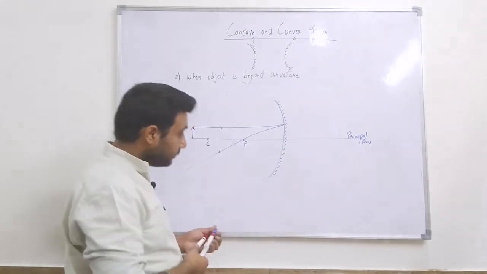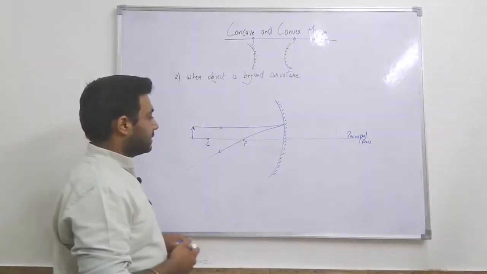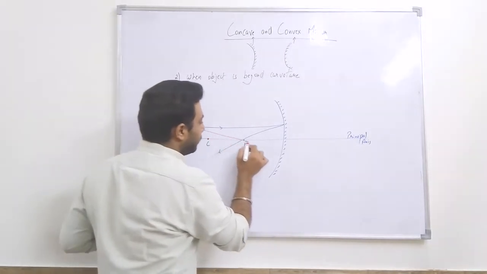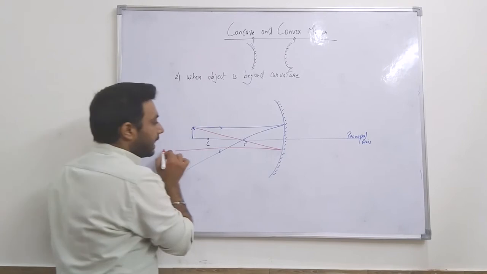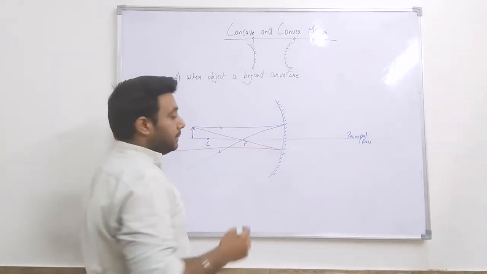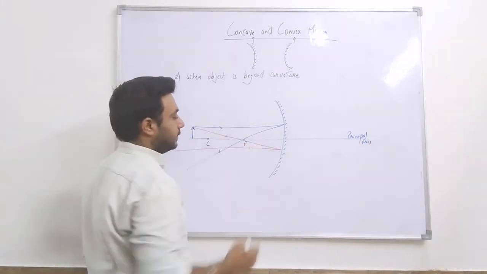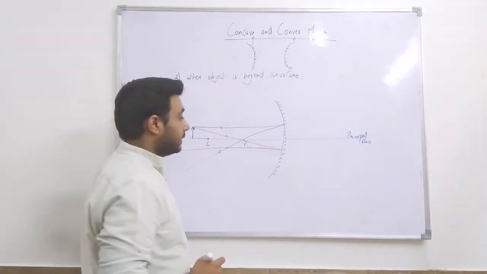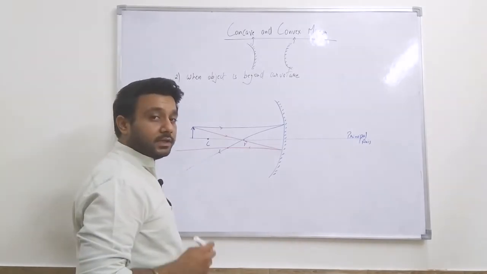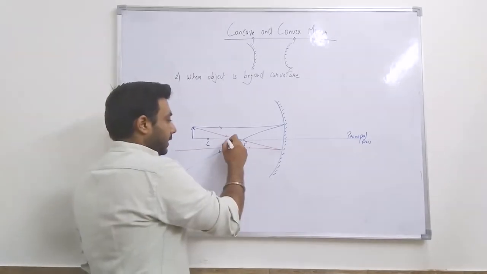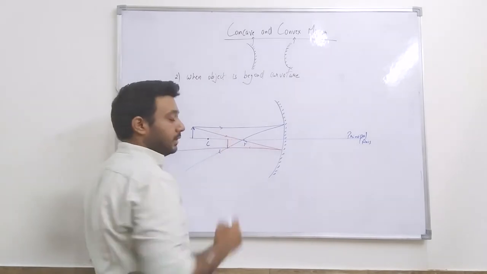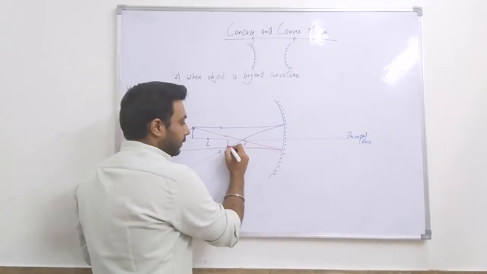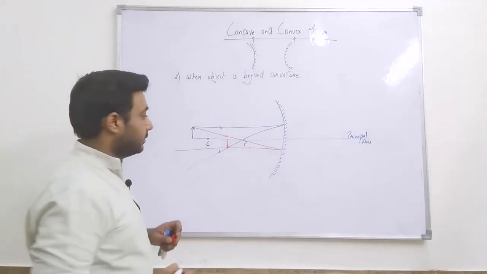Next, the line which passes through focus will become parallel to the principal axis. Now you got the intersection point. This is the intersection point between the reflected rays. Image is this, and the intersected point will show the head of the image.